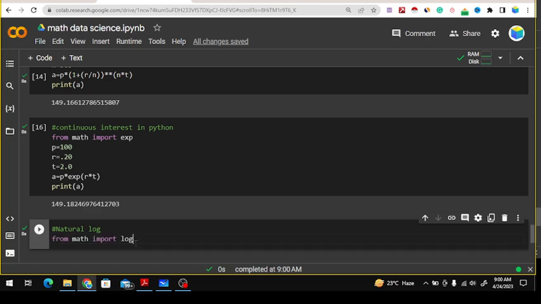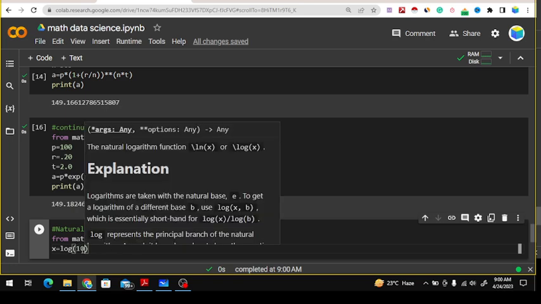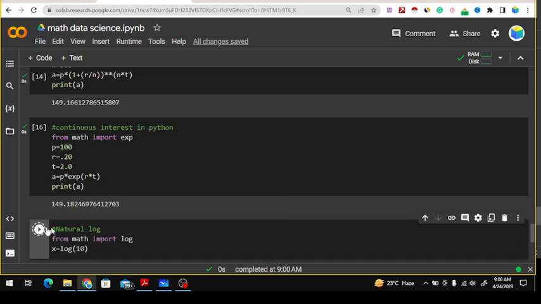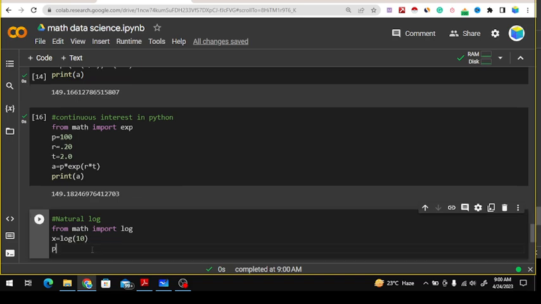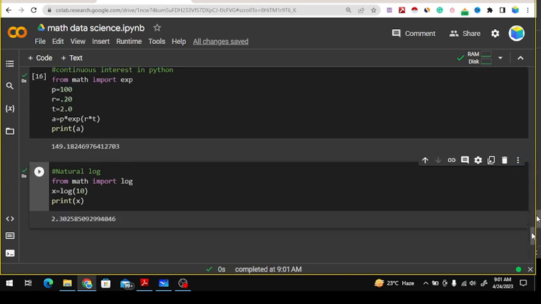Now we assume the variable x is equal to log 10, and print it. So I have gotten a value like 2.30.